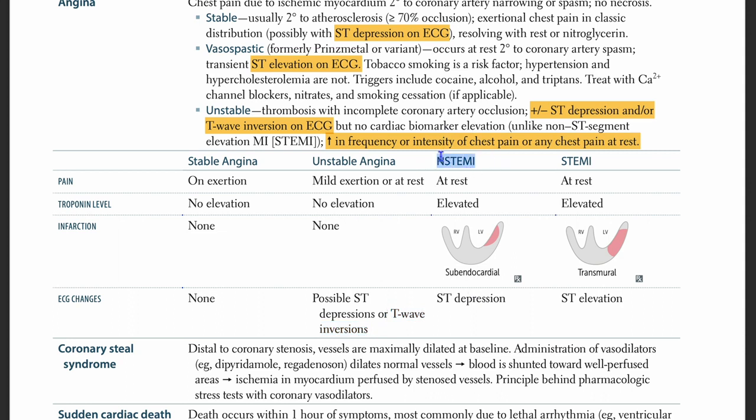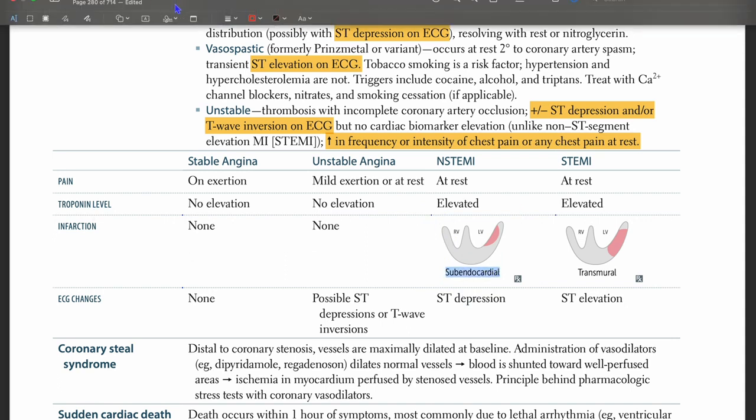Okay, NSTEMI, so that's non-ST segment elevation MI again. It's going faster from point A to point B, because it has less work to do. So that's why there's depression. Troponin level is going to be increased because that's a cardiac marker for MI. Infarction: this is subendocardial.